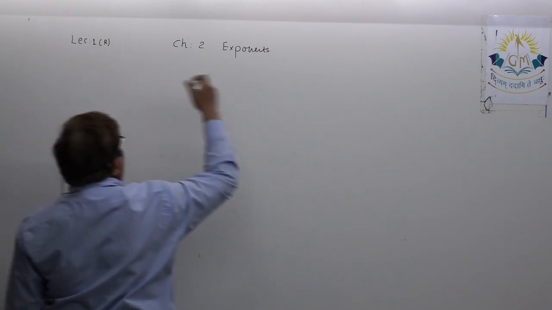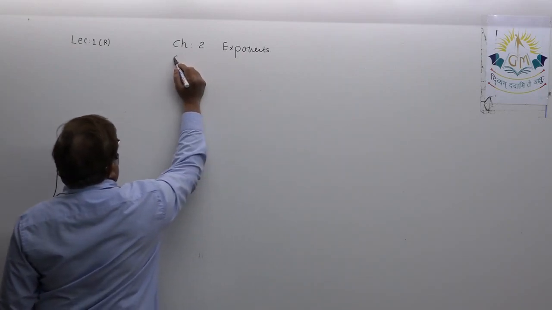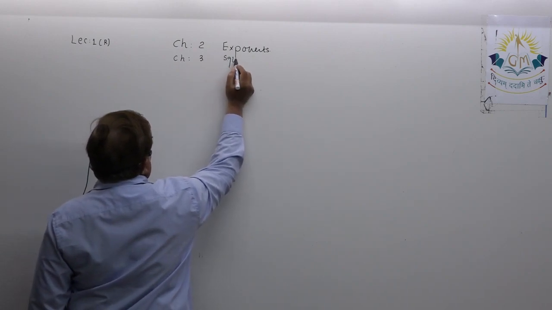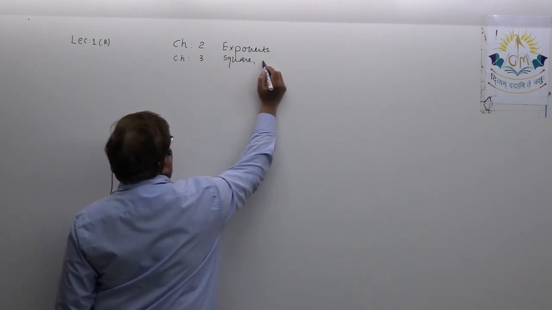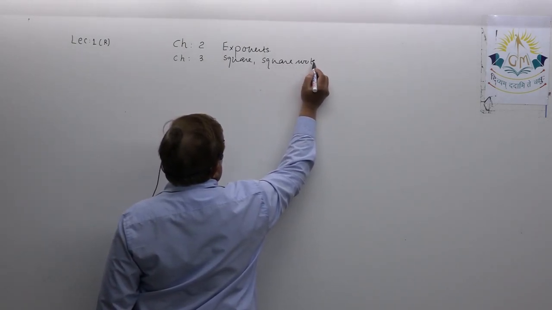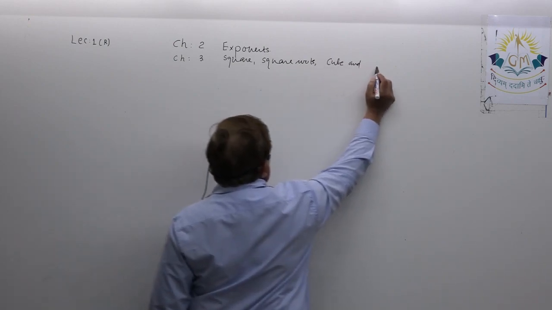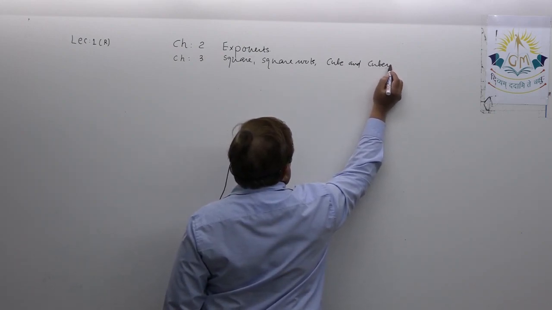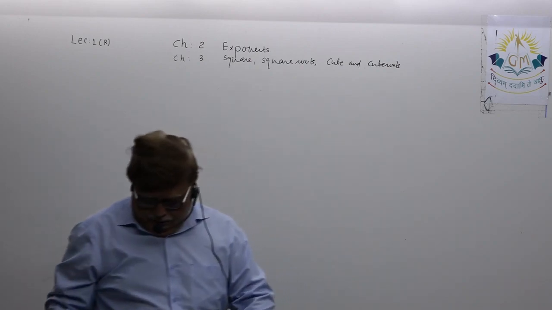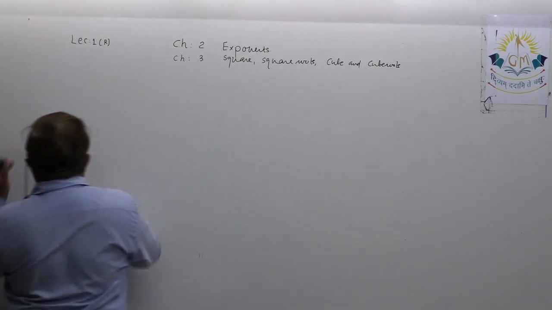Actually, I want to take two revision lectures for two chapters, chapter number 2 as well as chapter number 3, square and square roots, cube and cube roots. We will take a mixed revision of both chapters together. That is what we are going to target in today's lecture.